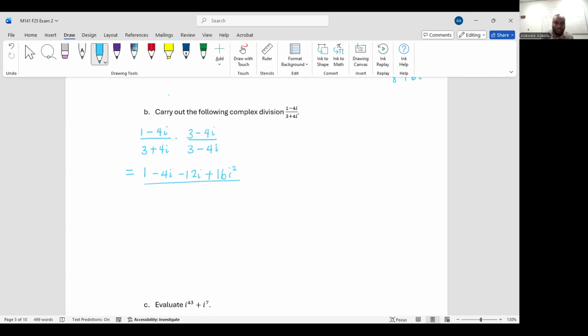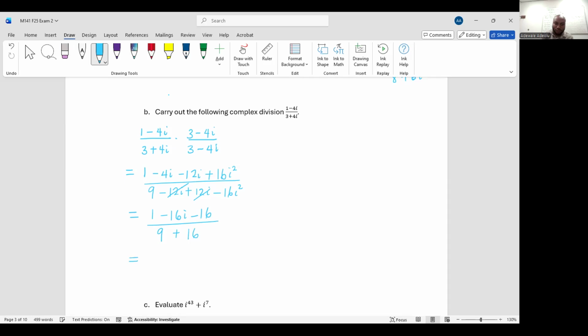Divided by, I do the same thing at the bottom. So that is 9 minus 12i plus 12i minus 16i². So that is 1 minus 16i. i² is minus 1, so that is minus 16. Divided by, this will take care of this. So I have 9, i² is minus 1 times minus 16, that is plus 16.